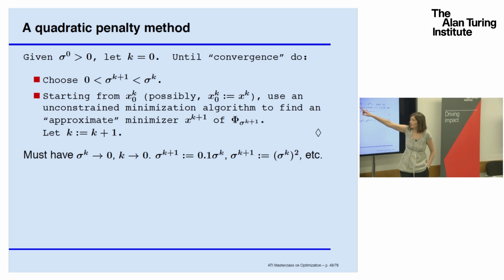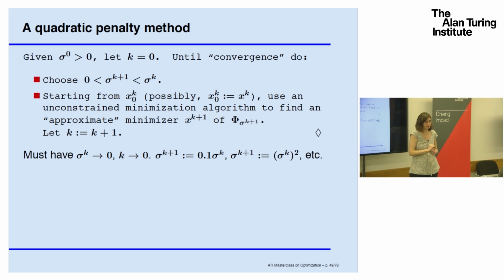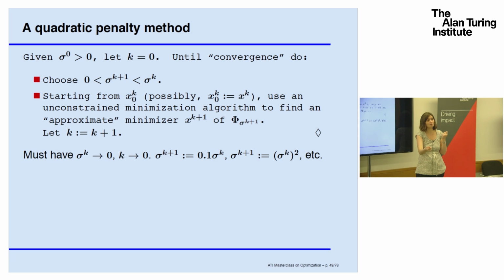So we decrease sigma, minimize, the simplest framework, and we do another thing that we really like in optimization called warm starting. So I minimize my phi for a new sigma. But I've already calculated a solution for the previous phi of sigma. So I'm going to start my new minimization of my new phi from the previous solution.